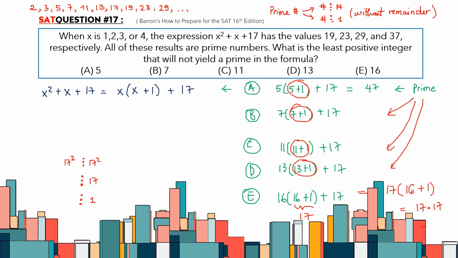So 17 squared is not prime. So E will be the right answer.